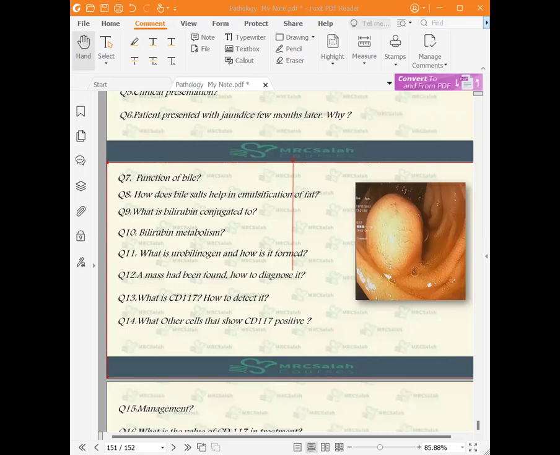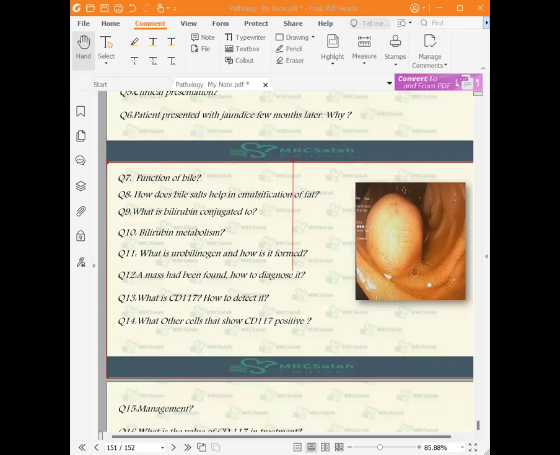It is a tyrosine kinase receptor protein that remains in the membrane. What other cells show CD117 positivity? Mast cells, melanocytes, and hematopoietic stem cells.